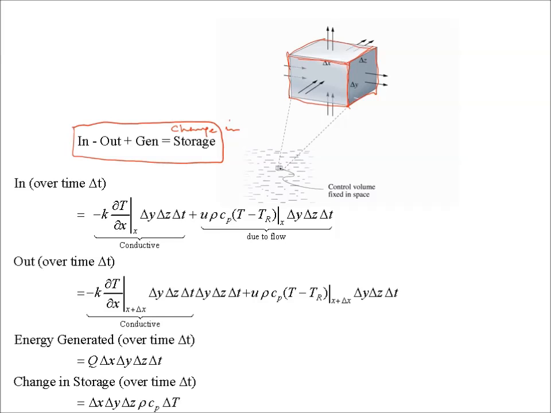So how does energy come into this control volume? Notice one thing, that there are only two ways energy can come in. One is conduction, which is given by minus k del T del x. And let's just keep the relationship to the physics always in mind. What is meant by conductive movement of energy?